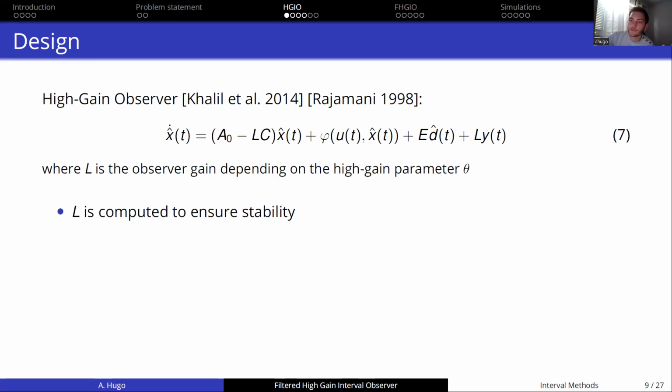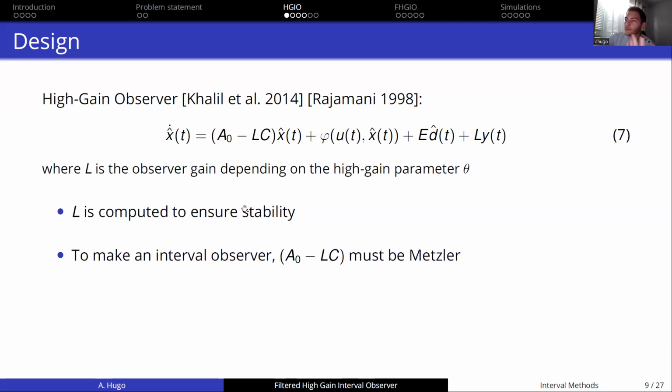So L must ensure the stability of the observer. But if we want to design also an interval observer, we need to make the state matrix Metzler. And this is in order to ensure the cooperativity of the error dynamics.